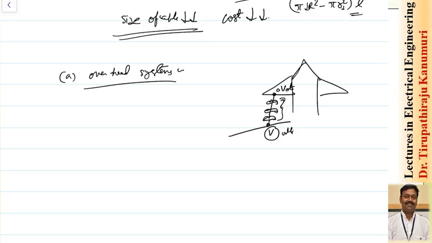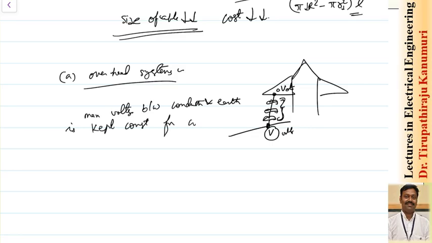So the amount of insulation will be between the conductor potential and the ground potential. That's why in the case of overhead transmission, the maximum voltage between conductor and earth is kept constant for comparison purposes.